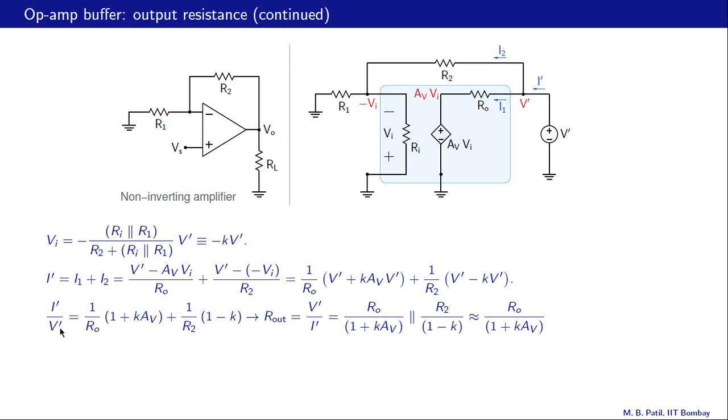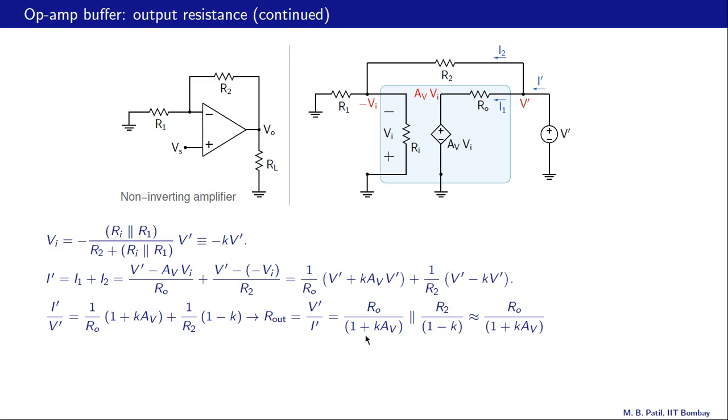So this is like the conductance, and it is a sum of two conductances. So the resistance, which is the reciprocal of this quantity, which is the output resistance we are looking for, is basically two resistors in parallel. One of them is RO divided by 1 plus K AV. The other one is R2 divided by 1 minus K. So that is what we get for the output resistance as seen from RL.